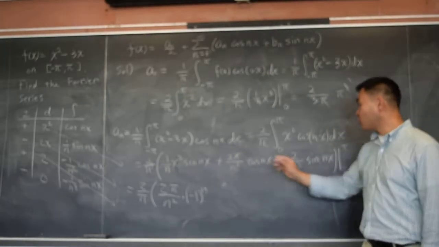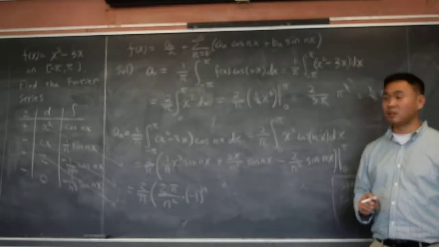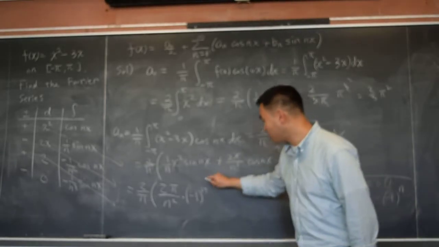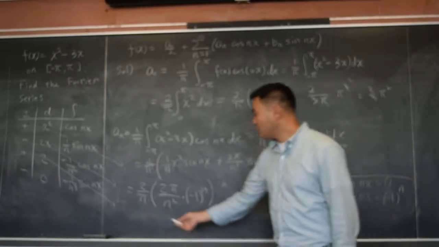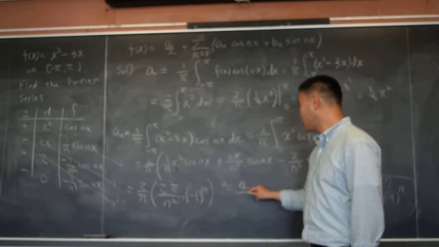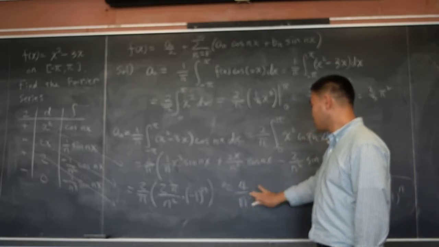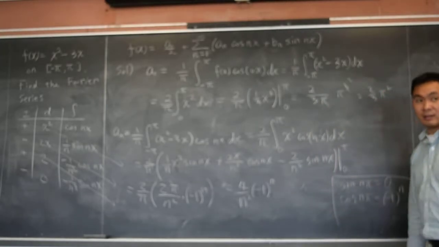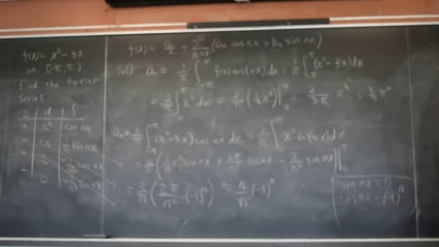So when you plug in 0 into here, what would you get? 0. So when you plug in 0, everything is 0. So you see that this is the only thing. Pi cancels, and you get 4 over n squared times negative 1 to the nth power. So that's your an. All good?